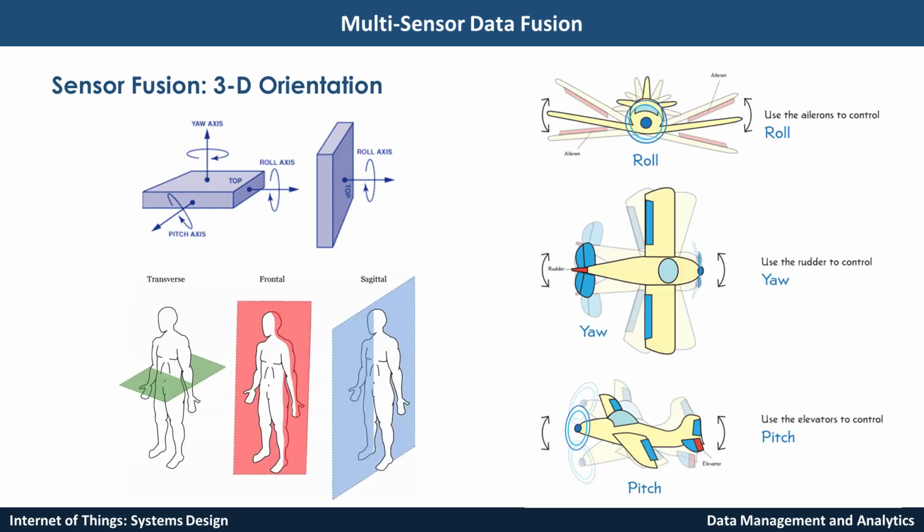When we talk about sensor fusion, the most common sensors that come to mind are the accelerometer, gyroscope, and the magnetometer. They are very useful sensors that can be combined together to understand the 3D orientation of humans or any objects.